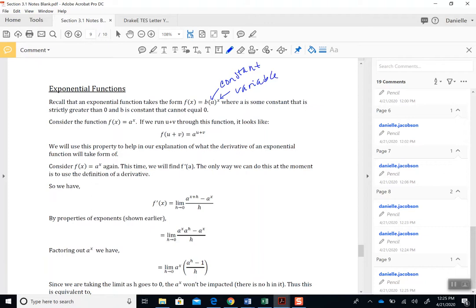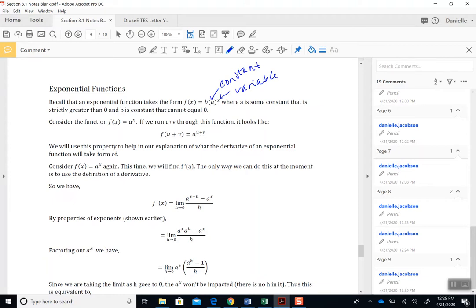Now let's simplify this a little bit and consider the function f of x equals a to the x power. If I run u plus v through this function, meaning I plug u plus v in where the x's are, I would get f of u plus v is equal to a to the u plus v. So I just ran u plus v through the x.